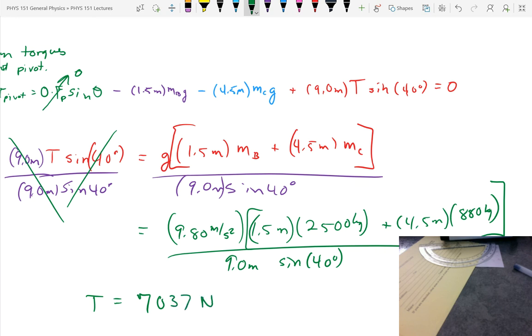Okay, so we only have two significant digits, so it's 7,000 to correct significant digits, but I like to have larger numbers for intermediate answers. So there we found the tension.